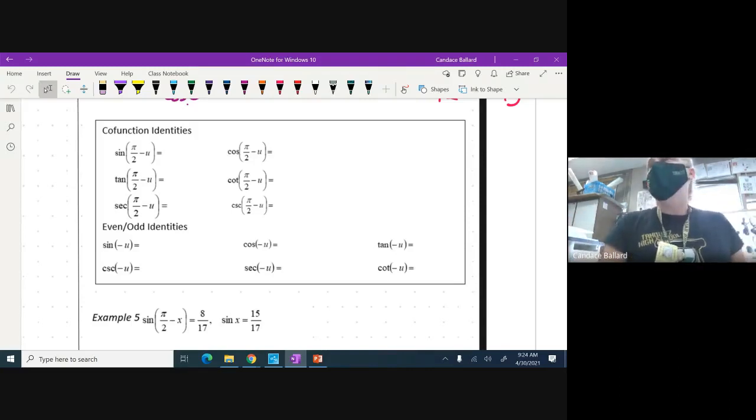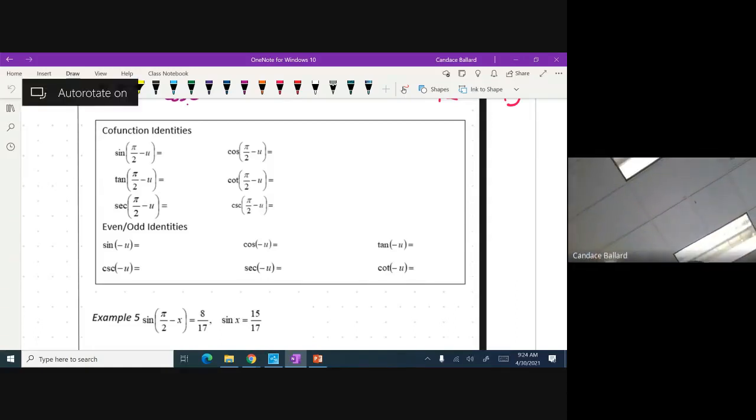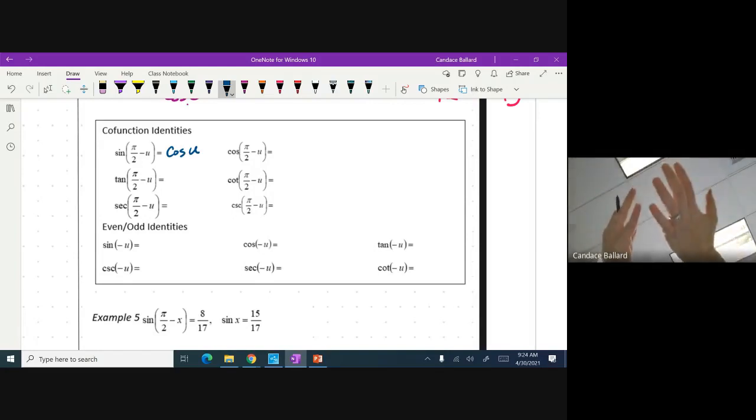Remember, 90 is the same as pi over 2 in our radian world, and we're going to work in radians at this point. So we're making that hard transition right now. Sine of pi over 2 minus u is the same as cosine of u. They're interchangeable. So if they give me sine of pi over 2 minus u in an equation, I can take that out and substitute in cosine of u.